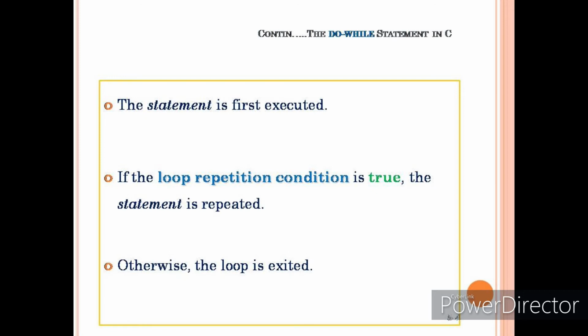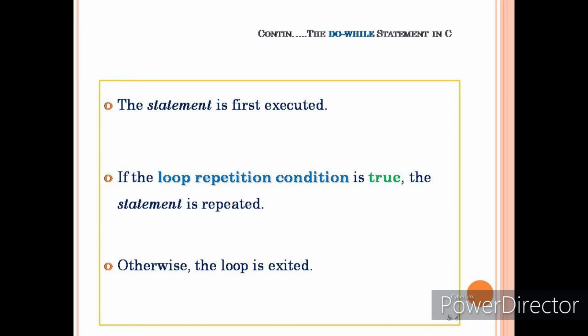If the condition is found to be true, then control goes back to the beginning of the do loop to repeat the statements. If the condition is wrong, we will not be allowed to execute the statements for the second time.